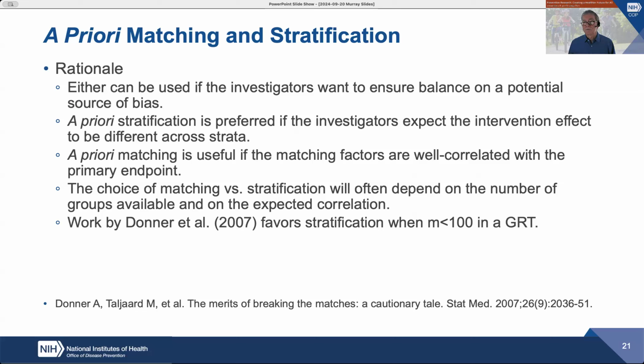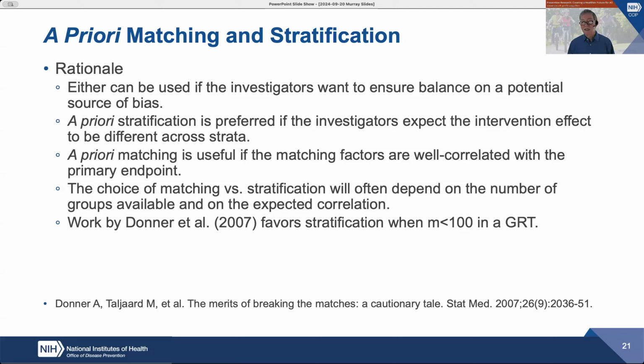If you think that the intervention effect is going to differ, let's say among men and women, among urban and rural, then you want to stratify on those factors so that you have a sufficient number of participants or groups or clusters in each of the strata so that you can look at differences between the strata.